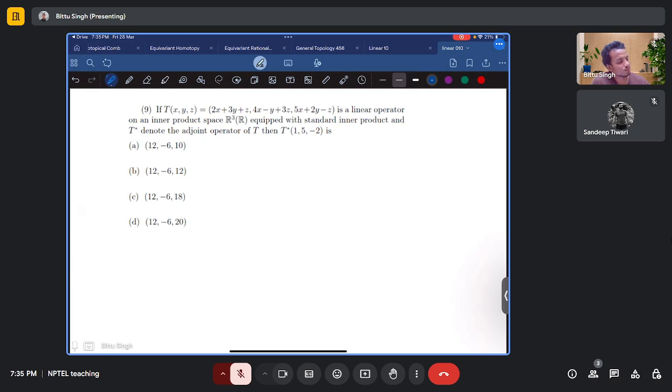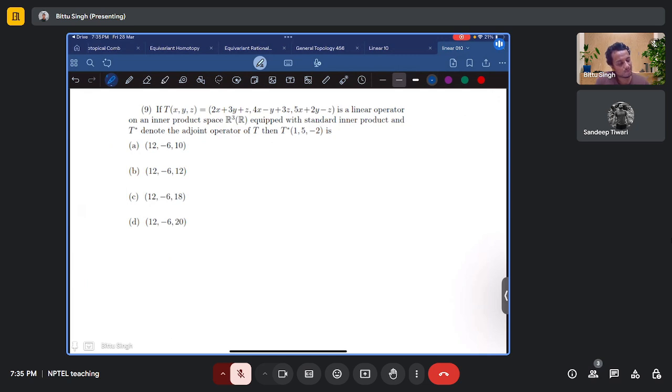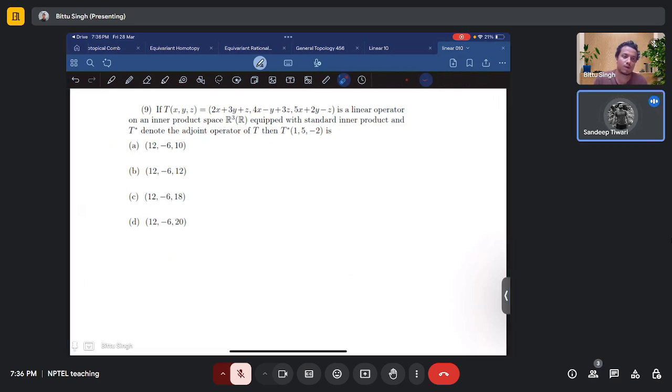Sir, if we change the basis, then the operator will be different, right? If you change the basis, there will be no issue, because (1, 5, minus 2) is also written with respect to that basis. The basis is not mentioned here, so we take the standard basis.